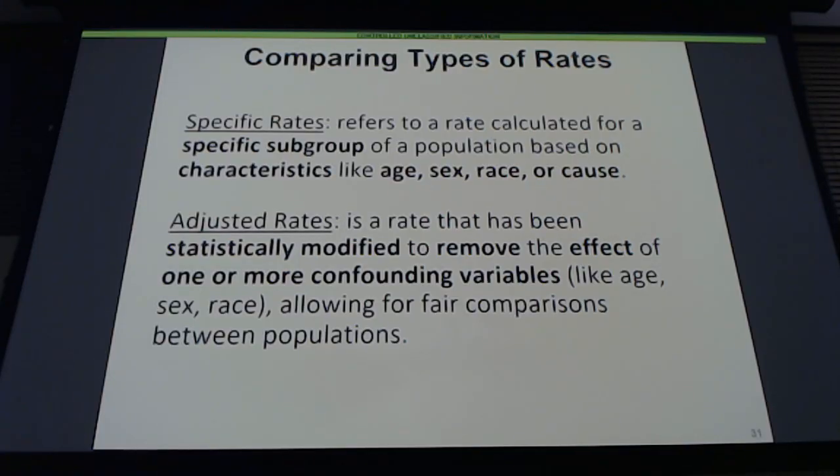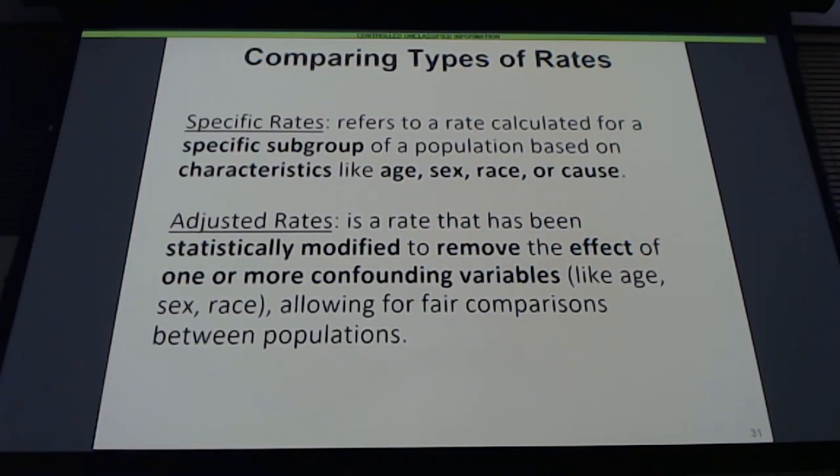So if you look at specific rates, I'm going to just measure the rates of specific ages. I'm just going to measure the rate of specific genders. Okay? That tells me how bad it is within, we'll say, men, or how bad it is within children.